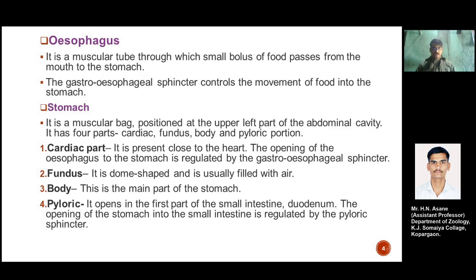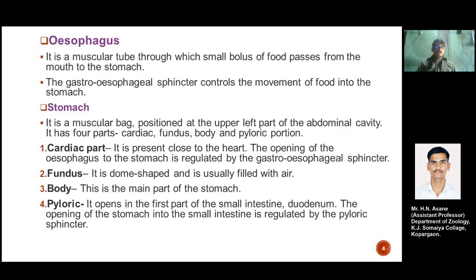The epithelial lining is the innermost lining, the mucosal lining, and then there is the basement membrane, also called the membrana propria. The membrana propria is a thin, non-cellular, homogeneous layer below the epithelium.